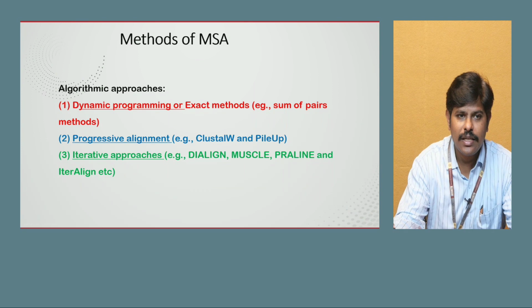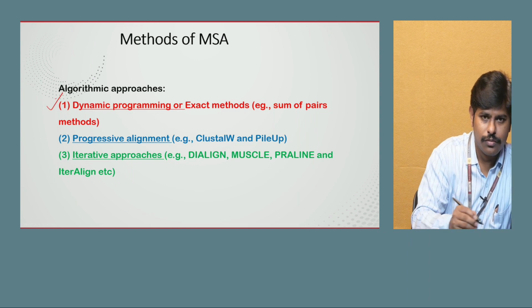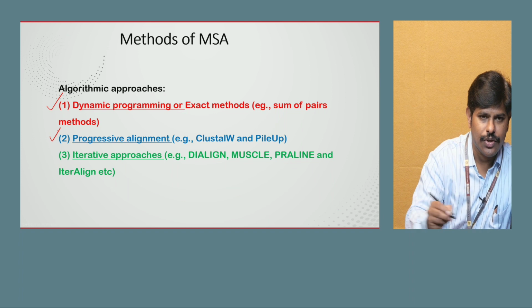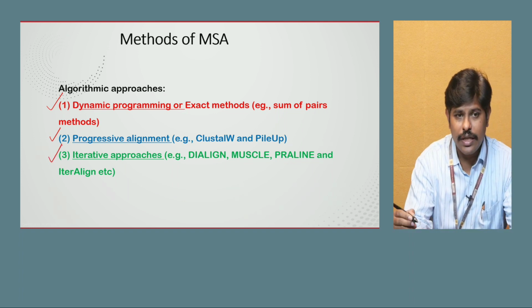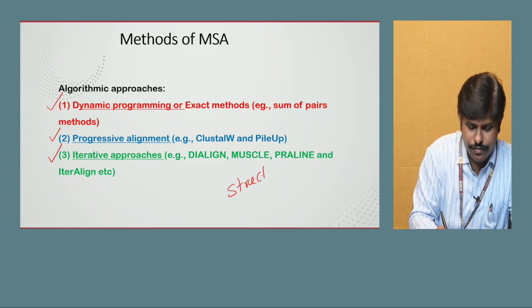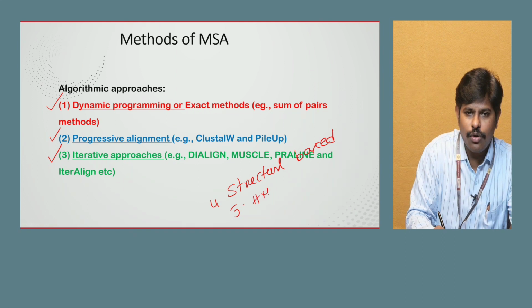Basically, there are three important algorithmic approaches. The dynamic programming approach, which is also called the exact method, the second one is the progressive alignment method, and the third one is iterative approaches. There are other methods also: structure based alignments, methods for only specific cases, and hidden Markov model based alignments.